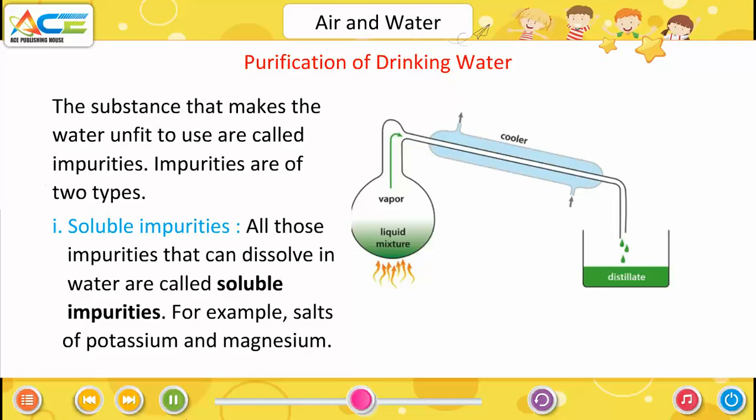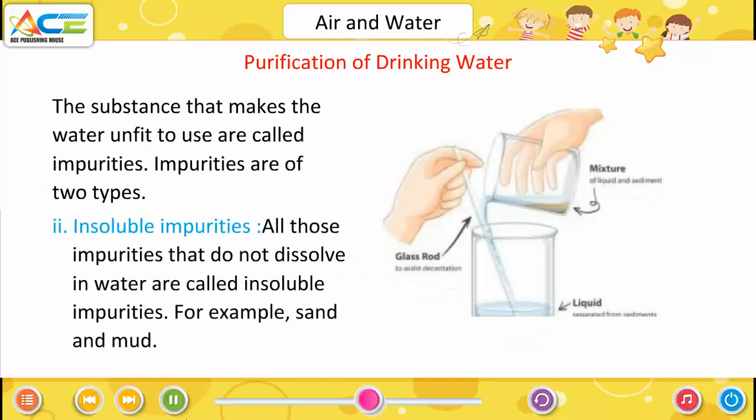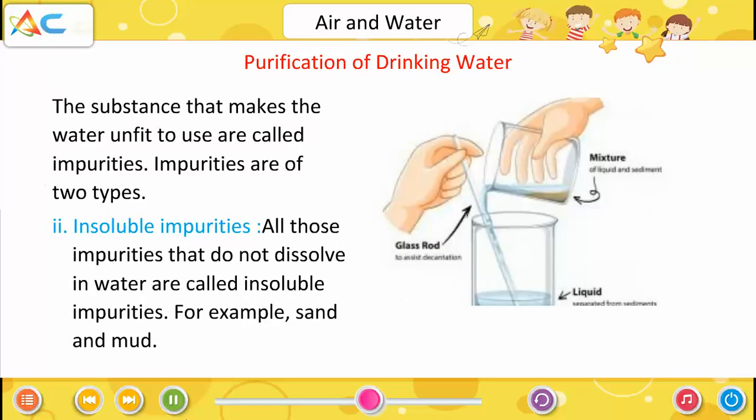Soluble impurities. All those impurities that can dissolve in water are called soluble impurities. For example, salts of potassium and magnesium. Insoluble impurities. All those impurities that do not dissolve in water are called insoluble impurities.